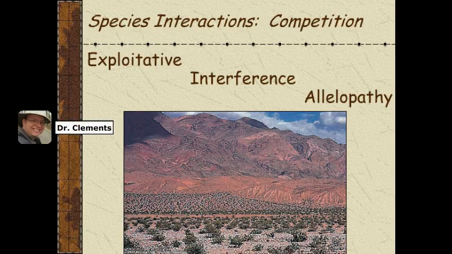The second type of competition is called interference competition. Now, in interference competition, you have two organisms. They're trying to do the same thing in the same place at the same time, but one of them can block or prevent access to the resources.